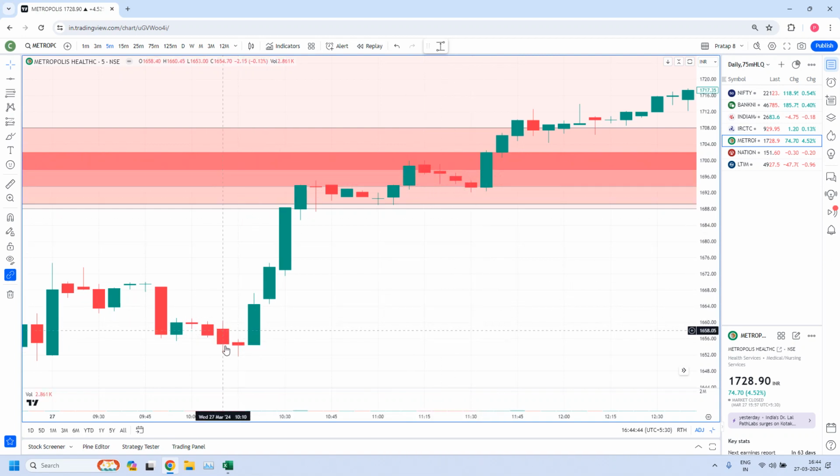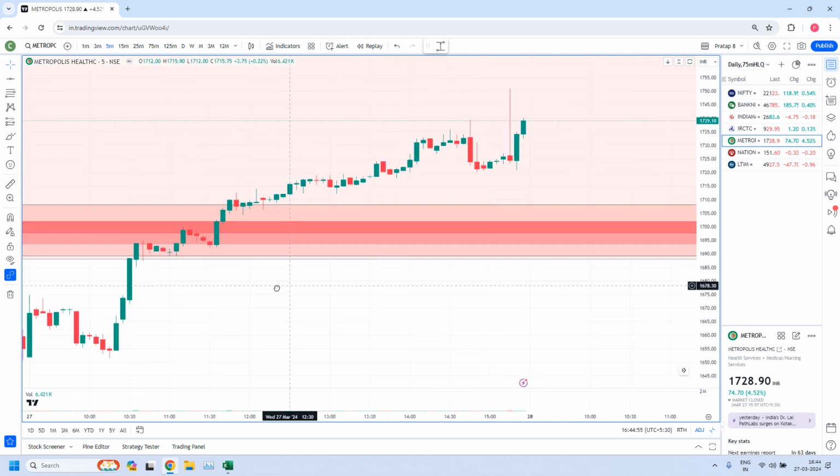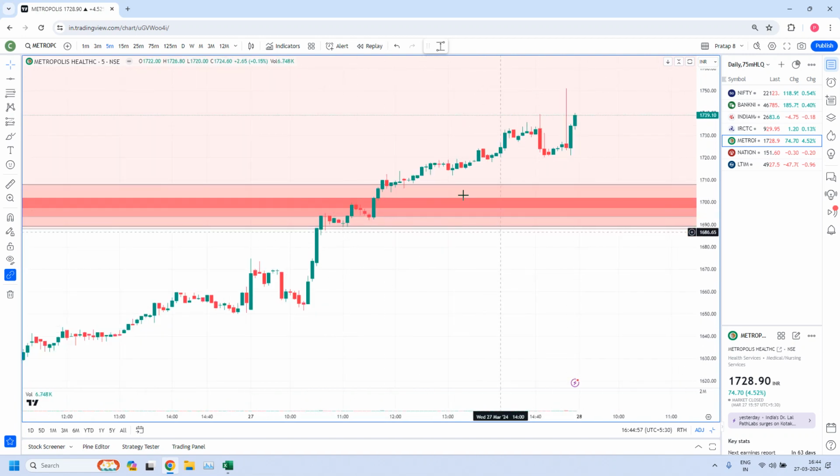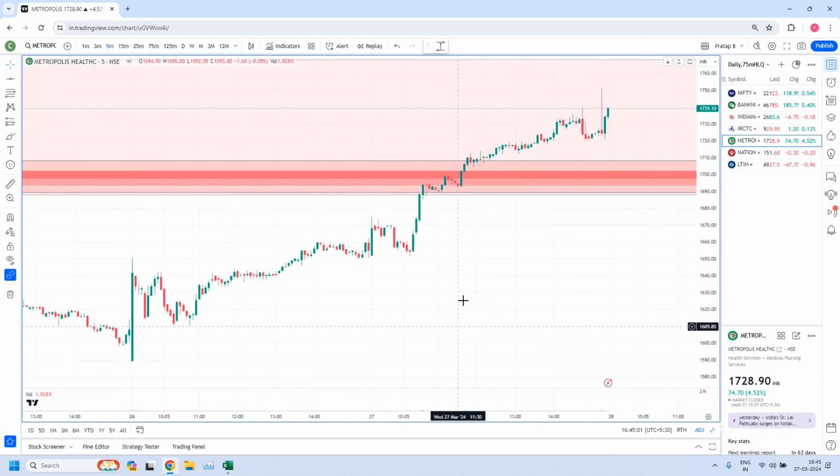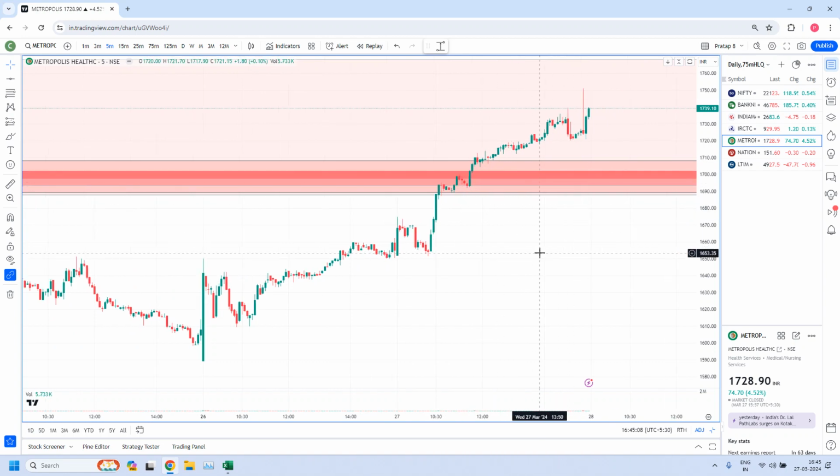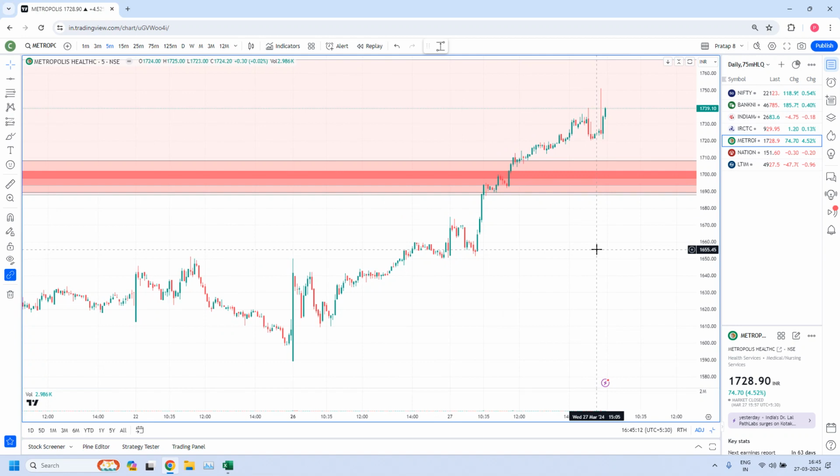This is the 15 minutes zone somewhere here. It didn't give a push up to here. Just a small push and again it is violated. So this is the reason behind violation of this particular zone. So it is not a valid institutional supply zone. That is the reason why we have to reject this zone. Hope you got the clarity.